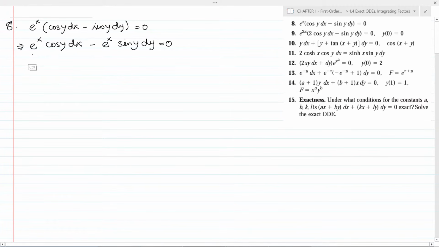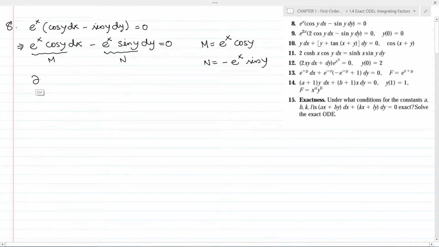Here this first term e to the power x cos y is M, and this term minus e to the power x sin y is N. So we have M equal to e to the power x cos y and N equal to minus e to the power x sin y.